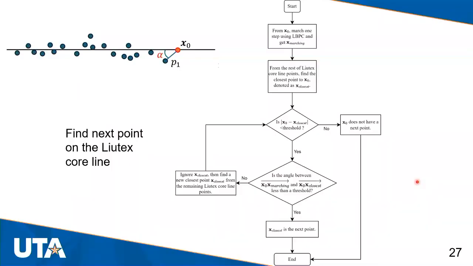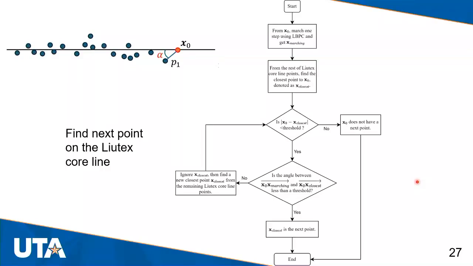Because I use more than grid points, I would assume the distance between the previous point and the next point should be close. So we need to check if they are close, and if they are close, then we check the direction.